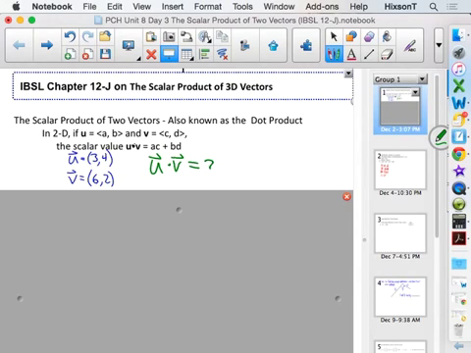It would be 3 times 6 plus 4 times 2. 18. 18 plus 8 is 26. Okay, you say 24? Yeah. 26. Okay, so there's our dot product. Not a super difficult concept here, but it's a formula you got to know.